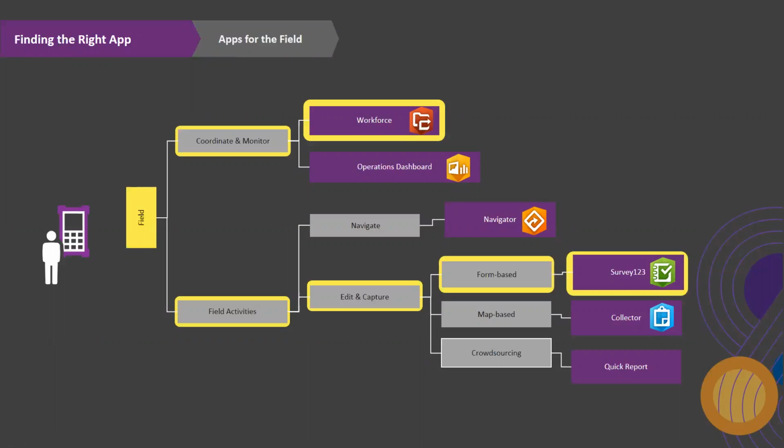straightforward definition of field activities or field data gathering, you can choose or you can further narrow down the application that you would like to make use of based on the interface or how you would like to work with that particular app.